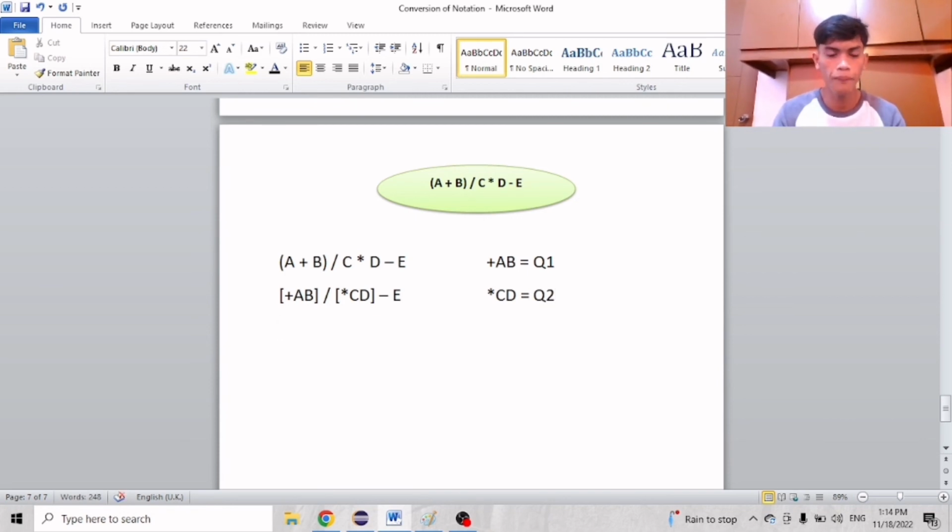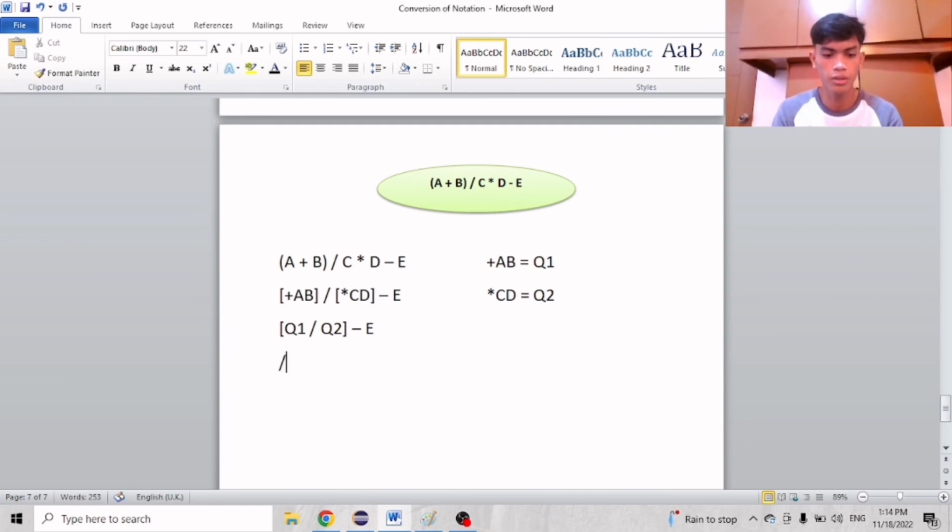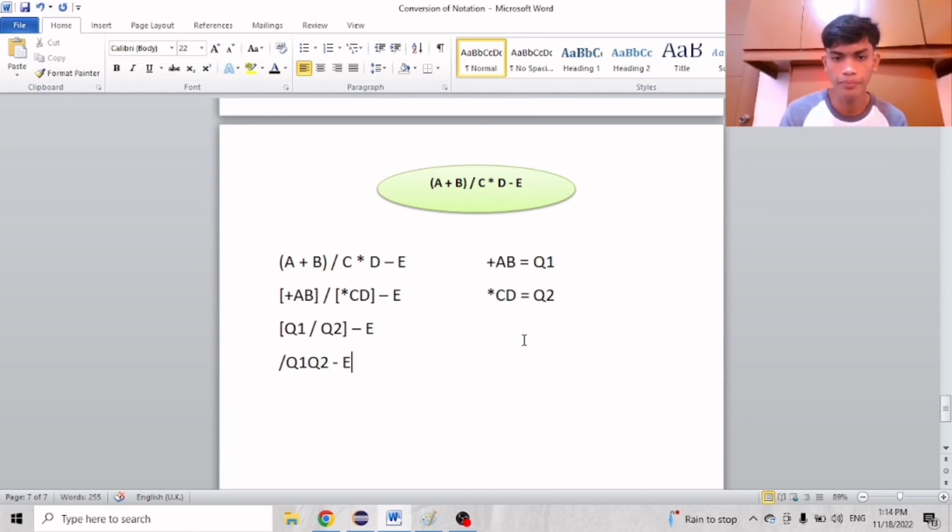So to keep it simple, Q1 divided by Q2 minus E. Simple as that. The E we just place before the operand. And the division, rather, goes to this Q1 and Q2, like that.